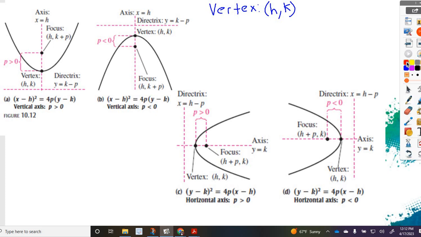They're just in opposite directions. So, to find our focus, we're going to say h, and we're going to add p to our k value. Or, if it's left and right, we're going to take h and add our p value.